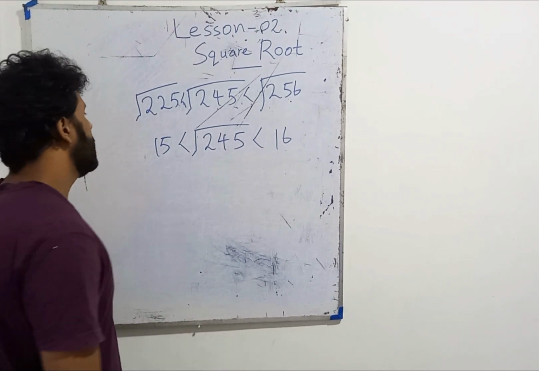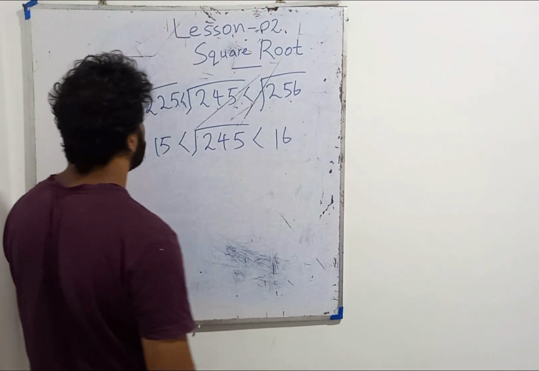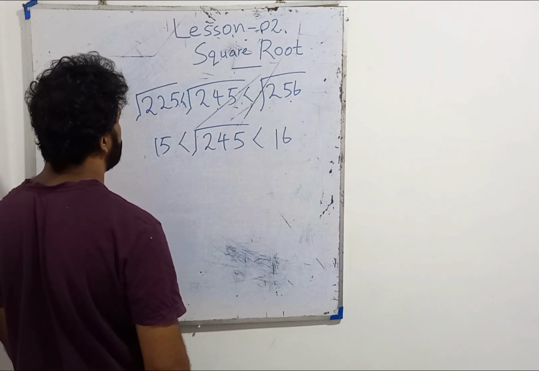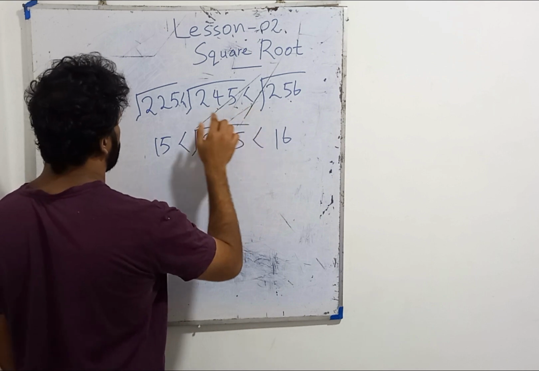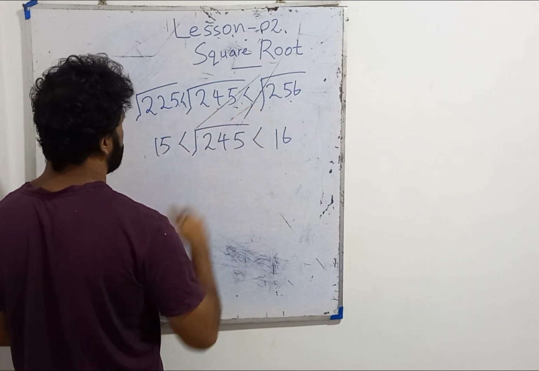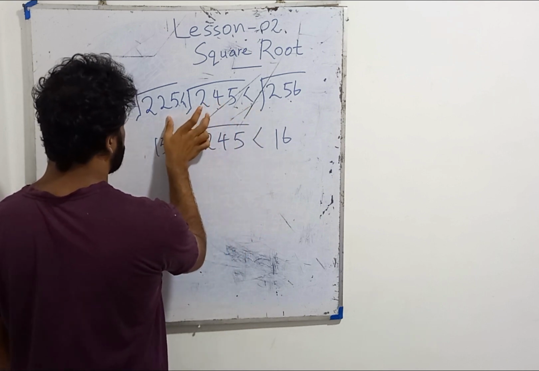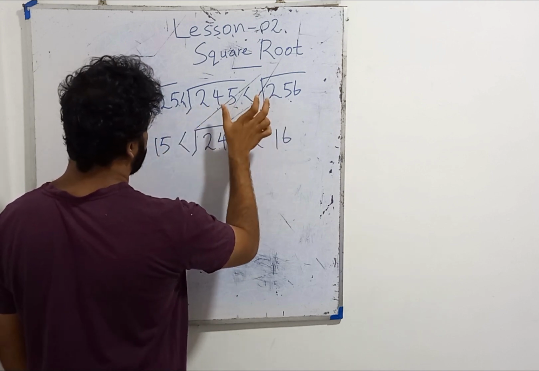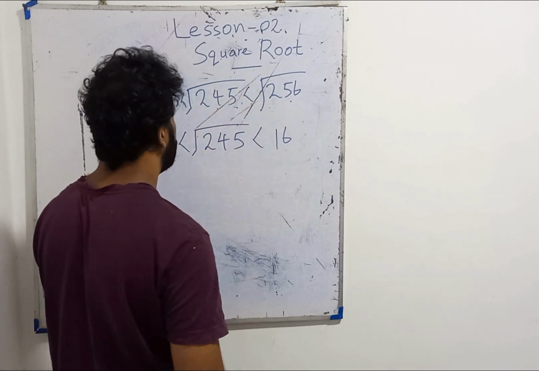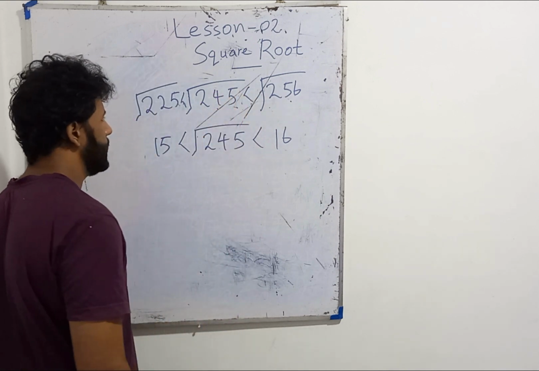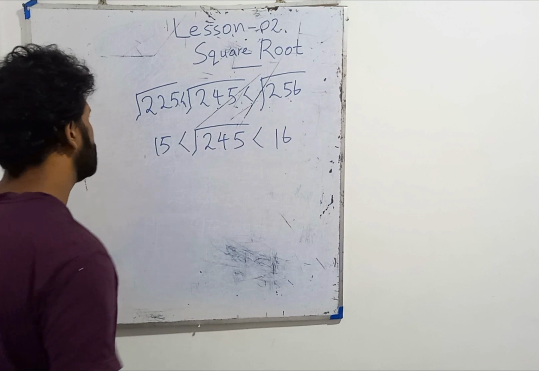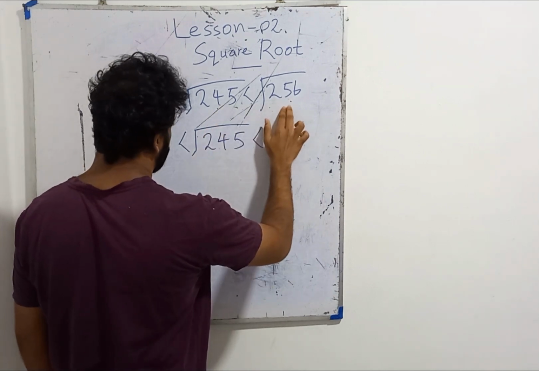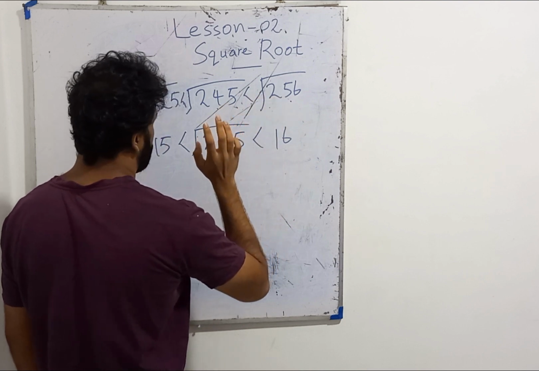There's a gap of 20 between 225 and 245, but between 256 and 245 there's a gap of 11, so 245 is actually more close to 256. I hope this is okay.